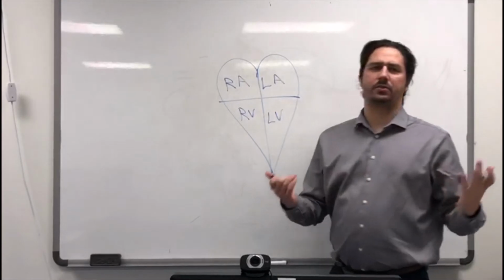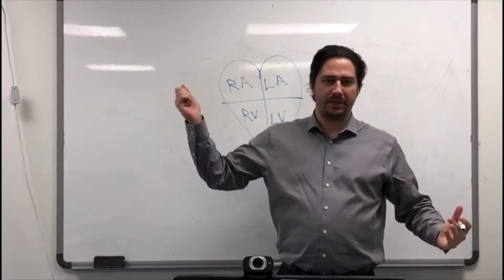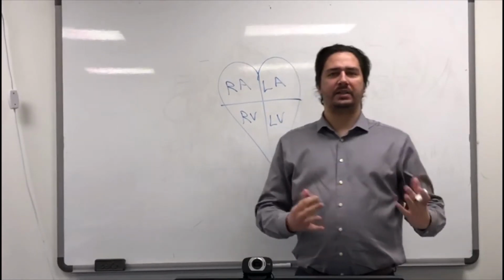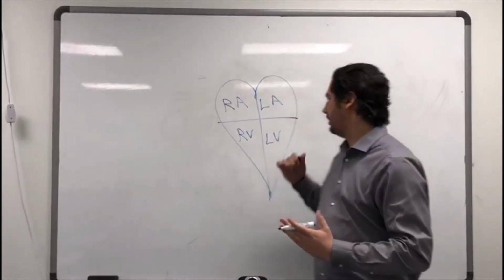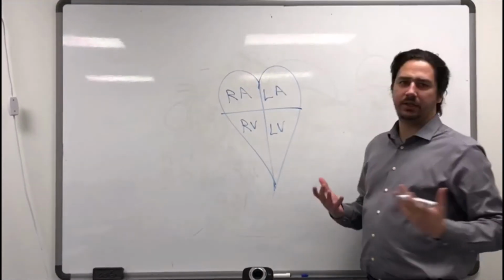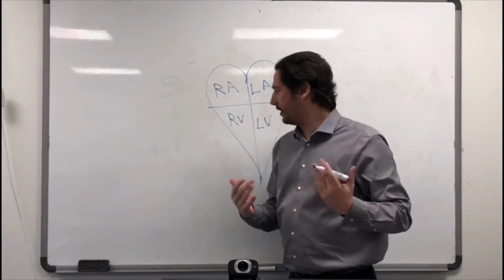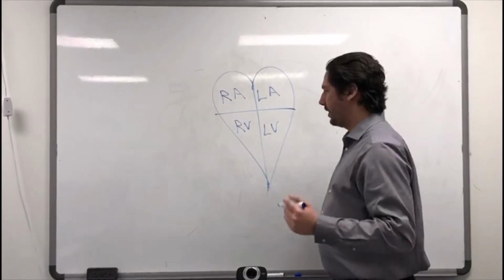Why? Because when I turn around and face you, my right side now becomes the heart's right side. Anytime we're dealing with medicine, we are dealing with the patient's right, the patient's left, and the same thing goes with these models. Now I know the heart is blue, deoxygenated blood is represented by blue, but this is what works. So what ends up happening?